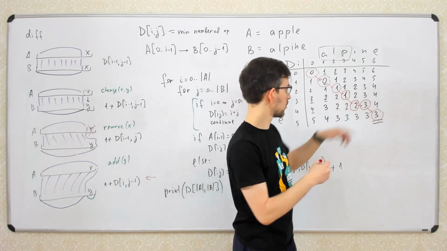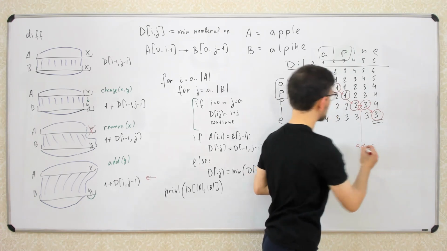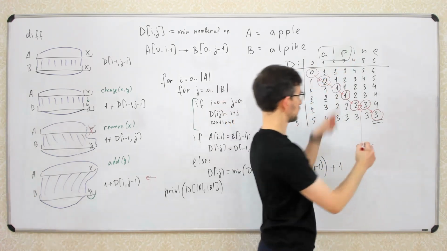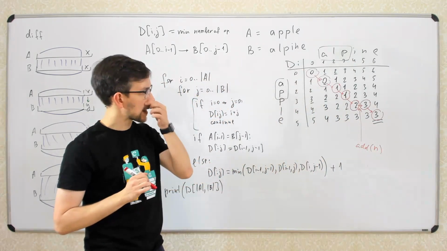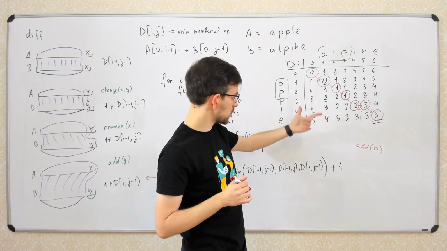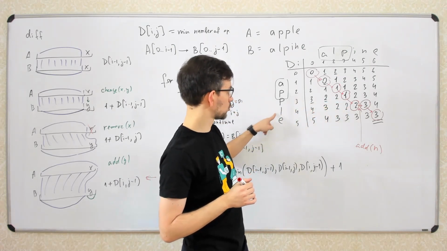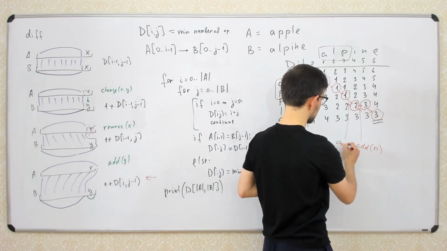So here we need to add character n, right? And here, when we move from here to here, we need to change L to I, and so on.